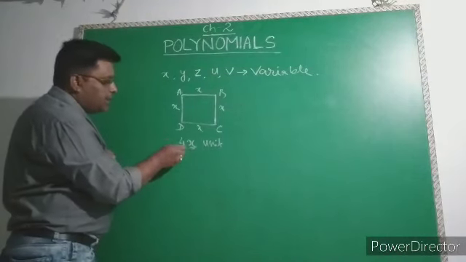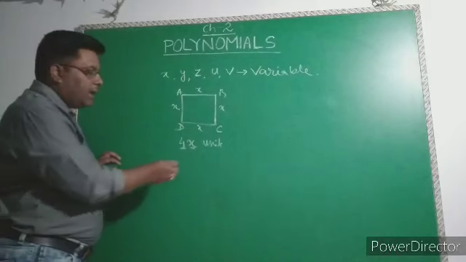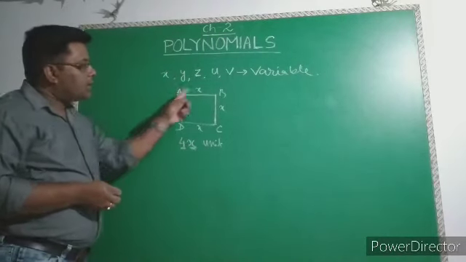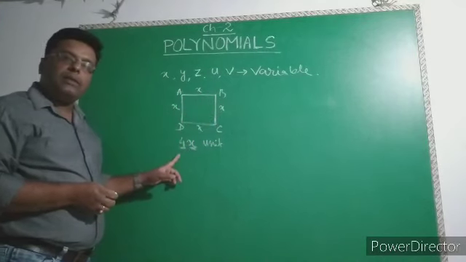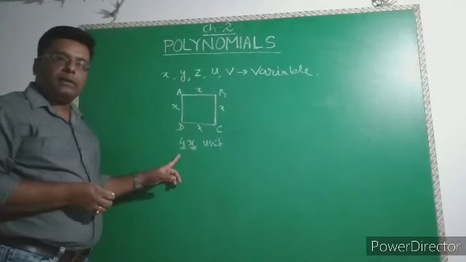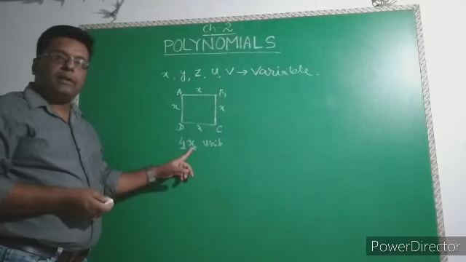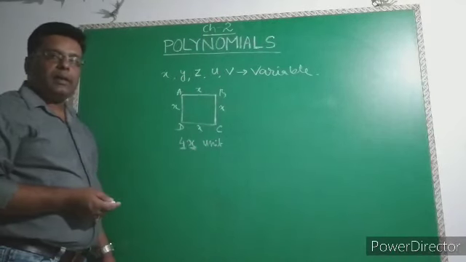So here 4 is a constant term and x is the variable. For any square, the 4 always remains the same, that is constant, and for every square the value of x will be different, so we call it a variable.